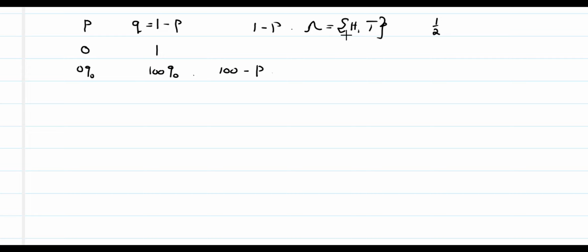Then if I got a head, the probability of success, which is given by P, is a half. From this, now that I know the probability of success, I can also know the probability of failure, which is given by Q, which equals 1 minus the probability of success. I already know the probability of success is half, so this becomes 1 minus half, which is also half. So the probability of failure is also half.